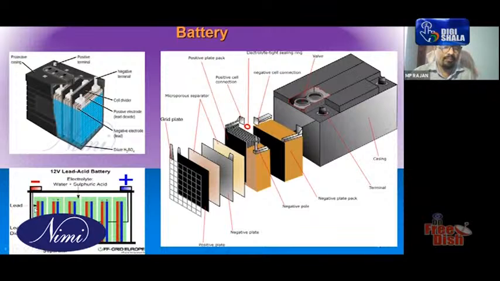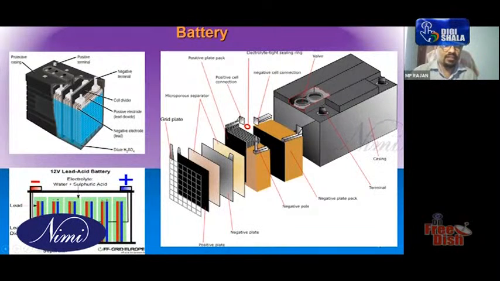You can see here this red line is showing a positive plate and blue is the negative, and the yellow color is the separator. So you can see 1, 2, 3, 4, 5, 6 cells inside the battery. There will be a post terminal outside, positive and negative terminal. All these 6 cells are connected in series.